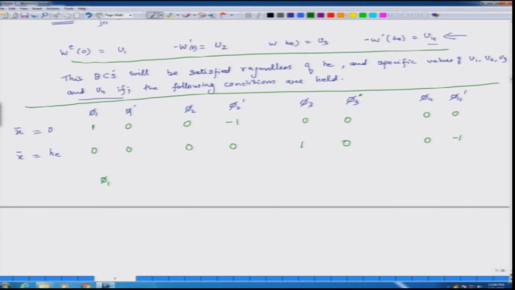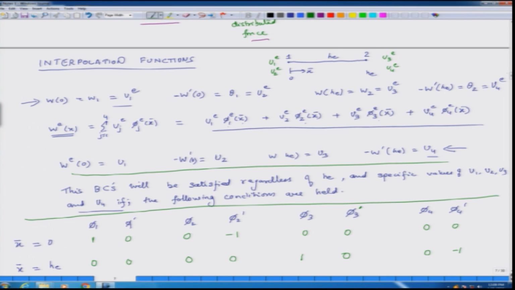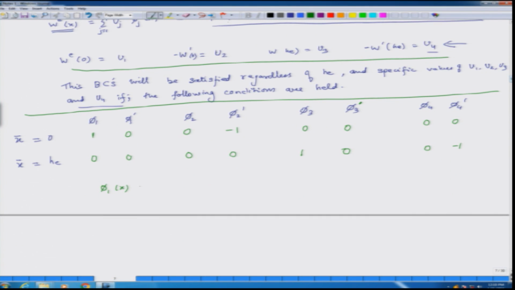Let us say phi 1, because it involves 4 degrees of freedom per element, will have 4 terms, and let us say this is equal to A plus B x bar plus C x bar square plus D x bar cube, and A, B, C, D are unknown.